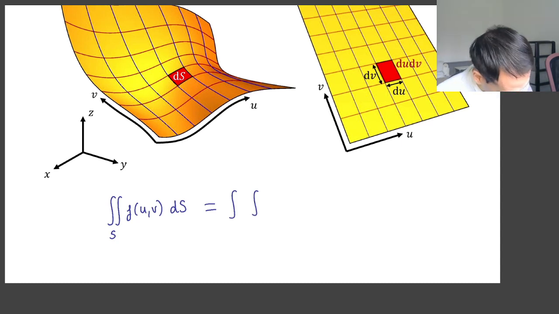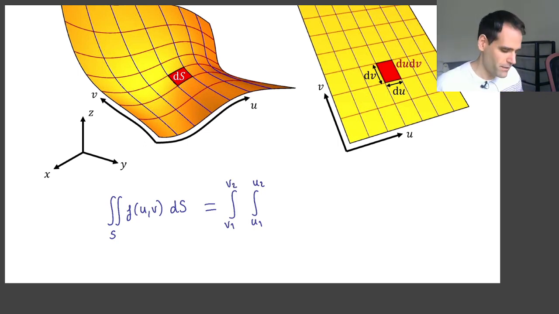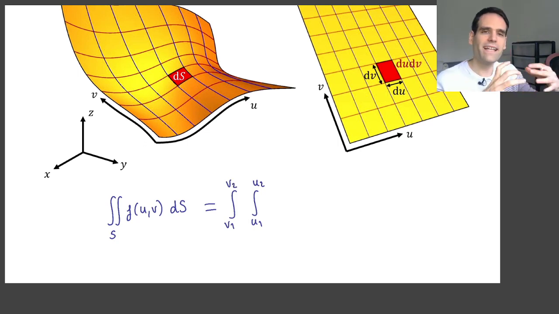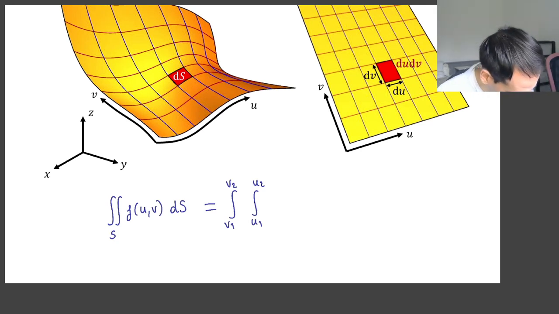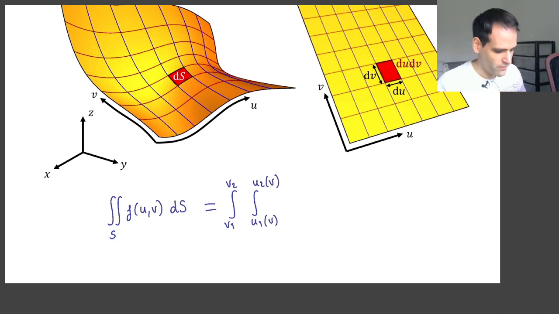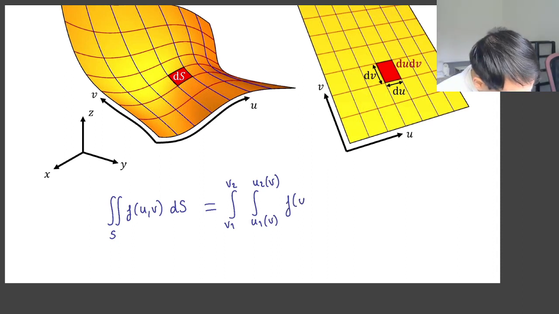So we could have u1, u2, v1, v2, and actually in the most general case, this would be a non-rectangular area in the uv plane. So this could be u1 as a function of v and u2 as a function of v, right? So this is a non-rectangular area of the function of u and v.